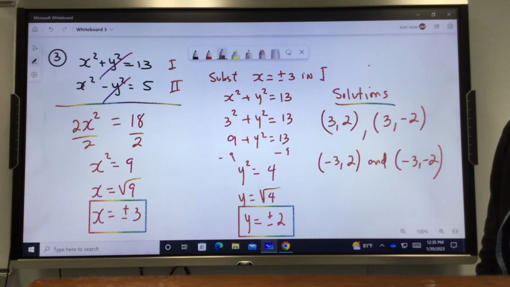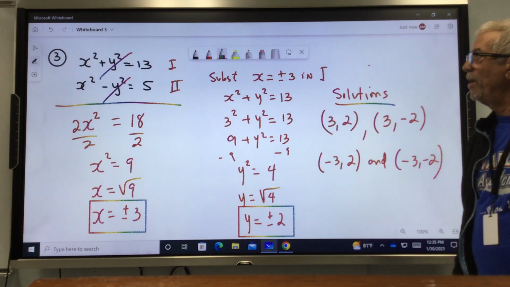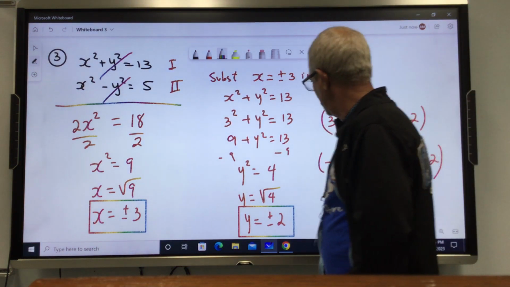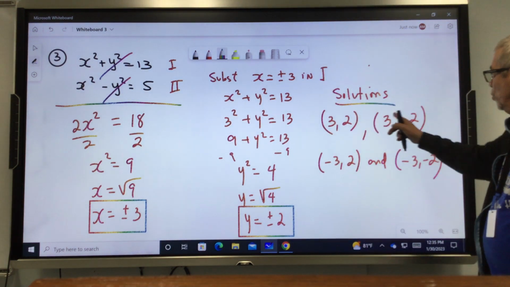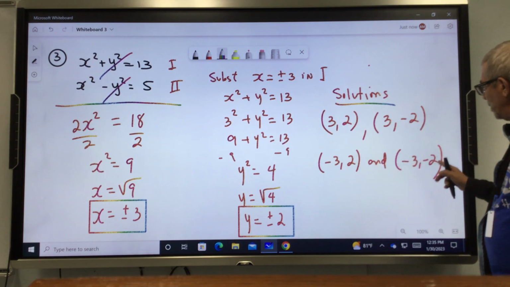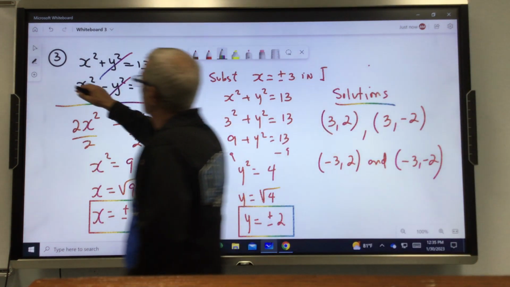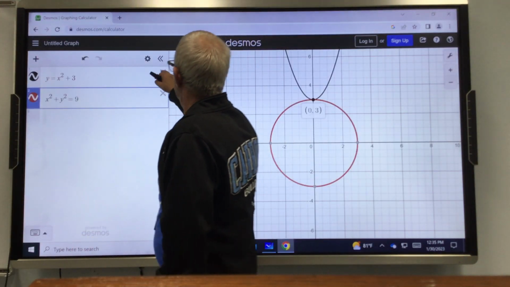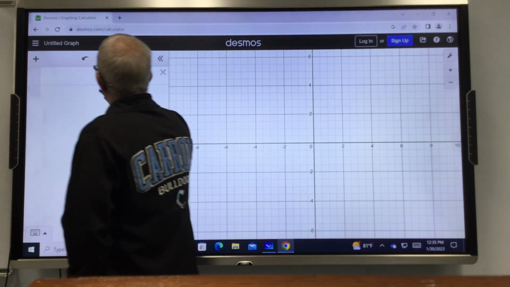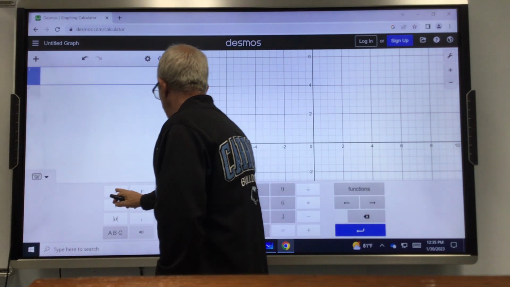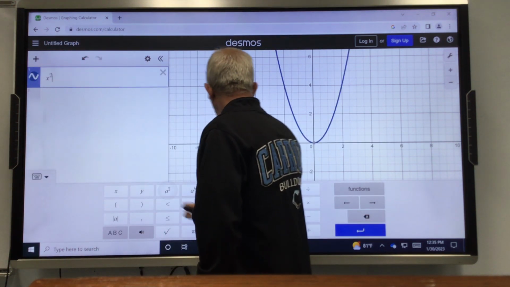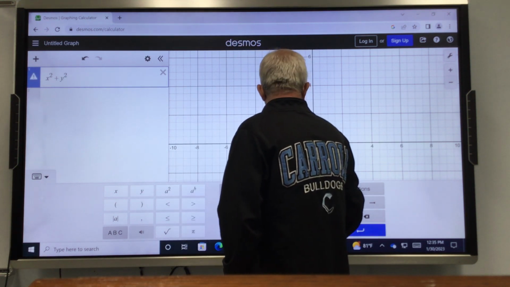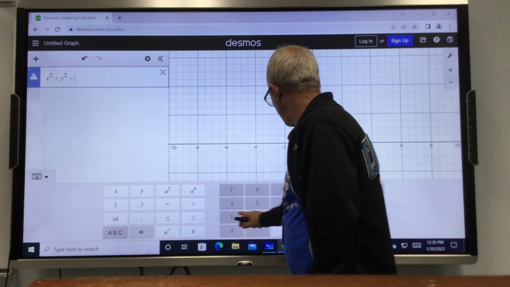Okay, let's see the graph very fast, and see that 3, 2; 3, negative 2; negative 3, 2; and negative 3, negative 2 are the solutions. What is the first equation? x squared plus y squared equals 13.